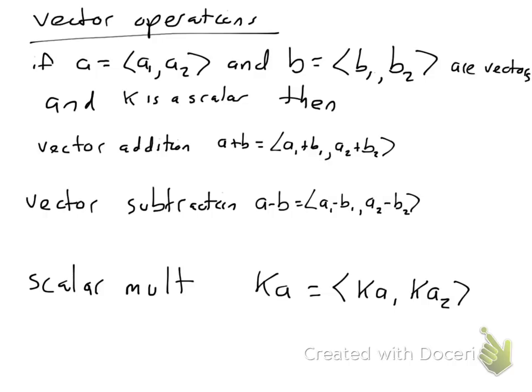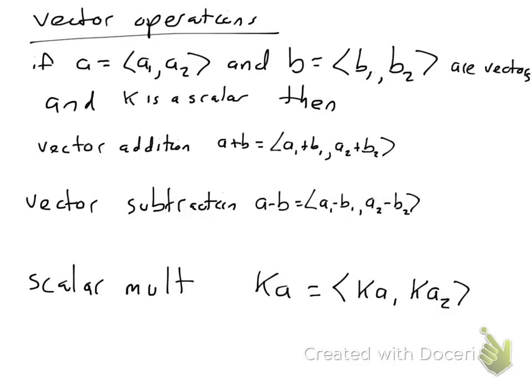So, if I'm given vector A, and I'm going to denote vector A as A1, A2, B can be B1, B2, those are vectors. And I'm going to let K be a scalar number. Just 2, 3, 8. I don't care what it is. We can deal with that really simply. It's easy. You guys are going to like this.